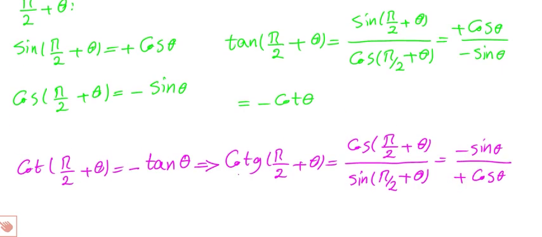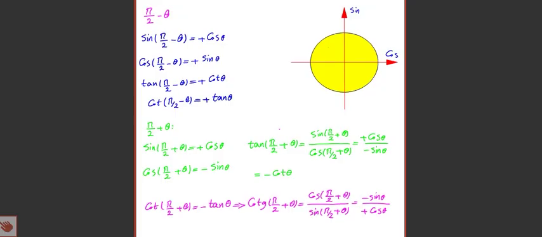So cotangent of pi over 2 plus theta is equal to minus tangent of theta.